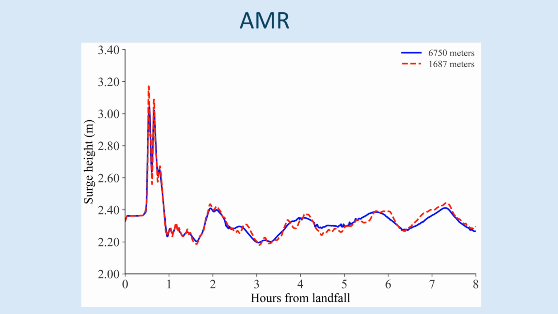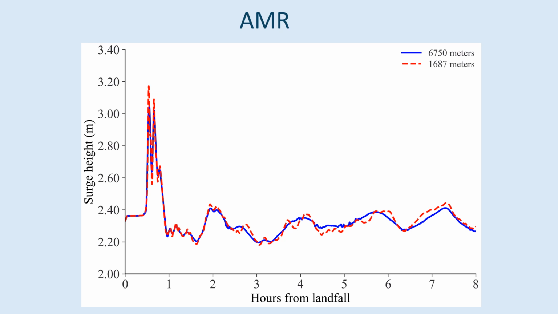In this figure, I'm showing the difference between two different AMR levels. The blue one, which is more coarse, is representing 6,750 meters in diameter of each grid cell, and the red dotted line represents 1,687 meters as the diameter of each grid.